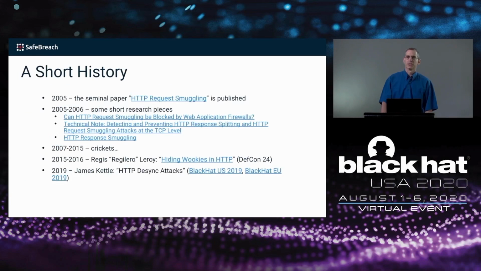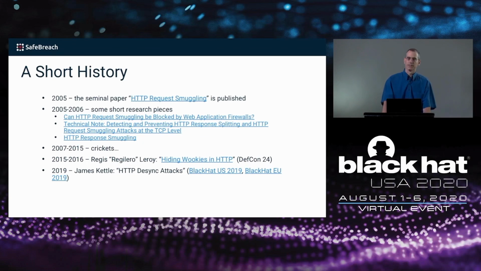A short history of HTTP request smuggling. In 2005, a decade and a half ago, the seminal paper on HTTP request smuggling was published. It was followed by several smaller research papers. Then for almost a decade there was no substantial research in the HTTP request smuggling area.